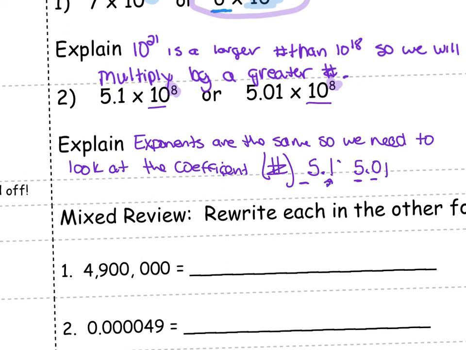So that means 5.1, or 5 and 1/10, is greater than 5 and 1/100th. So 5.1 times 10 to the 8th is greater.